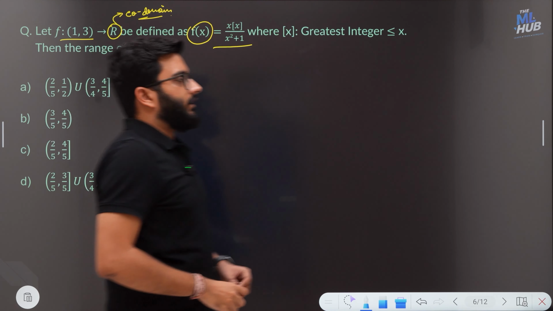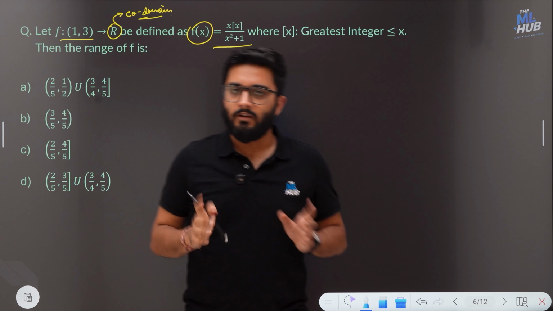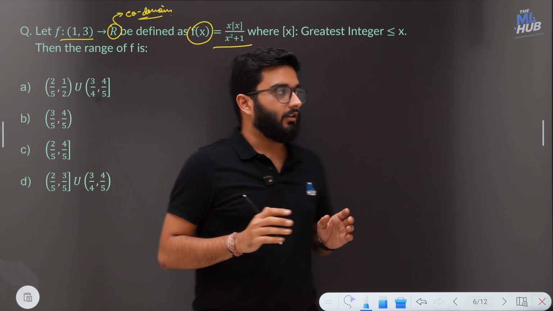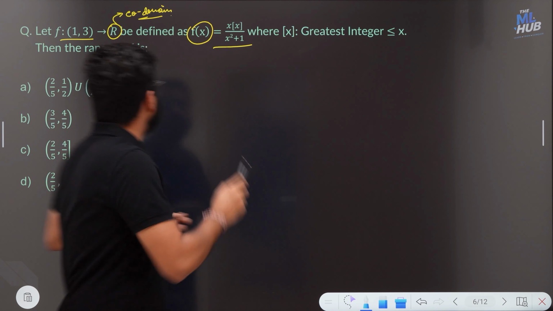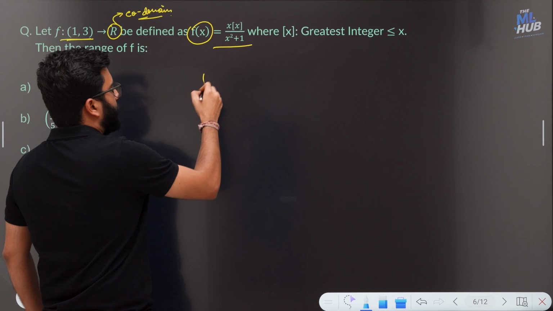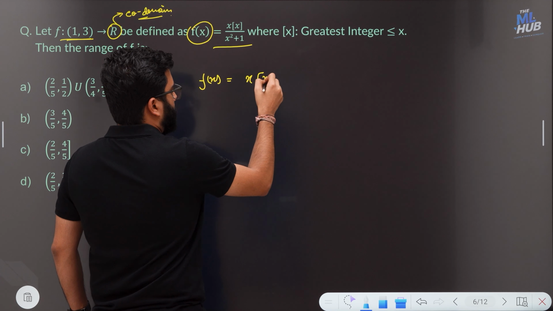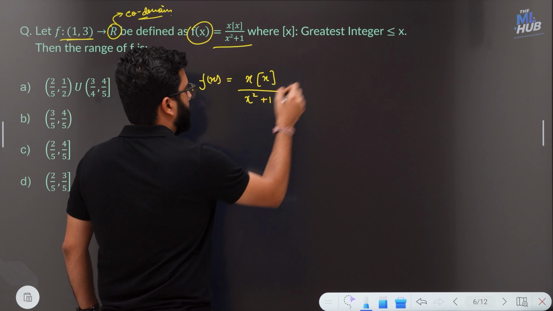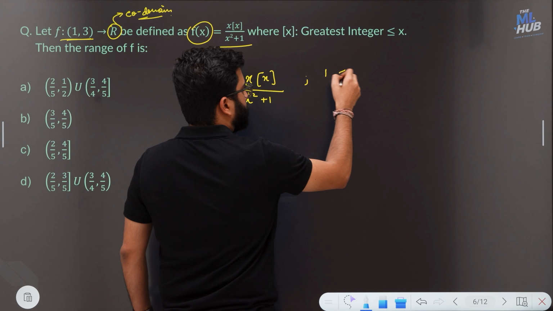Whenever you see the greatest integer function, one thing should always click in your mind: this function is not continuous on the integers. The domain is given as [1, 3), so we'll straight away split it.